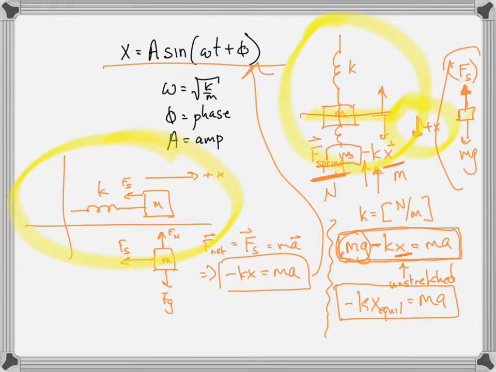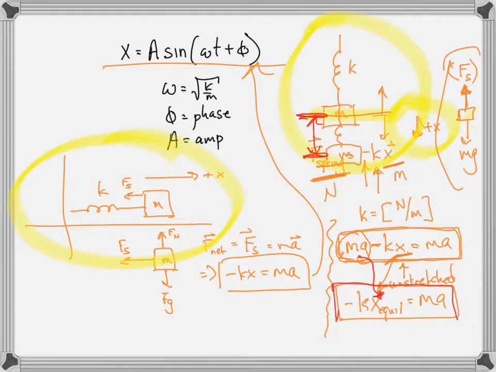In other words, these two x's are different, and both of these equations are correct. mg is just a constant, and it gets absorbed into the fact that we're adding a constant to x, to change its equilibrium position when we add gravity.